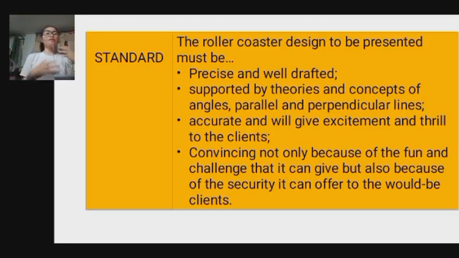So, as you have noticed, all the guidelines and rules in crafting a GRASP framework, from the goal up to the standards, especially those sentence starters, have been integrated in this example.